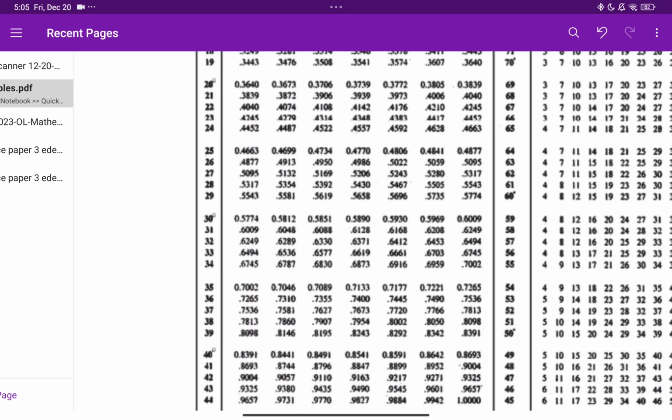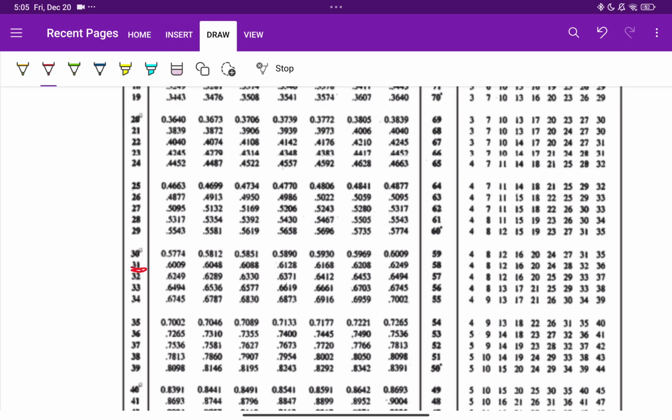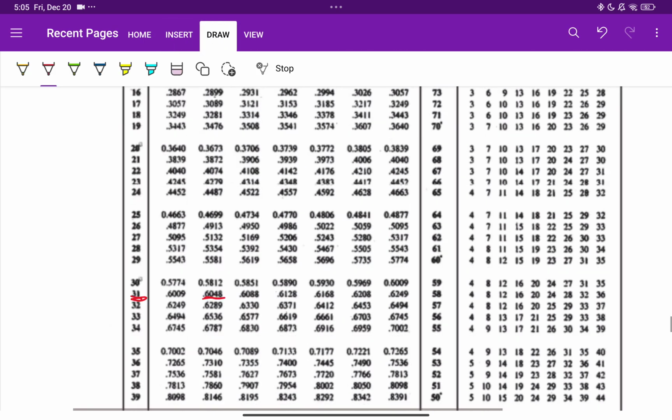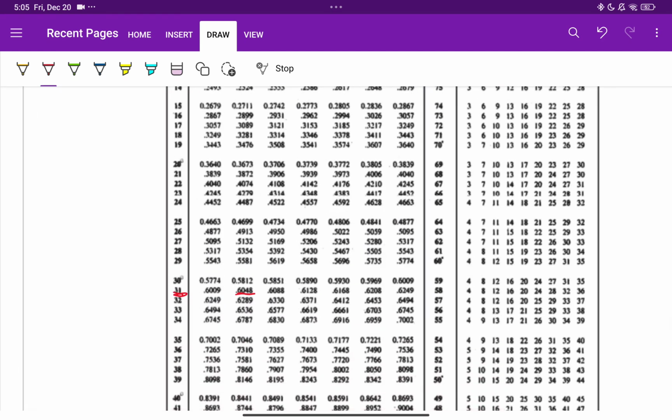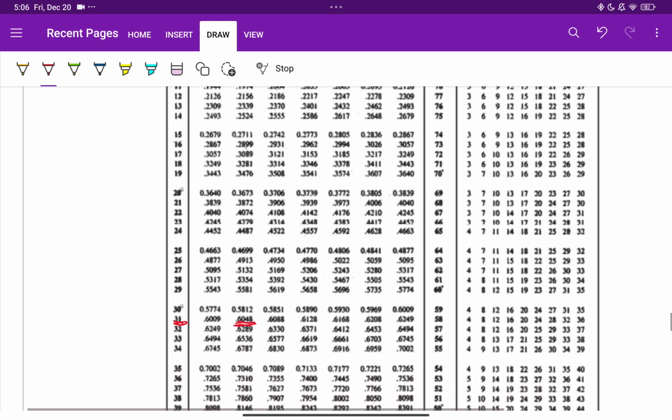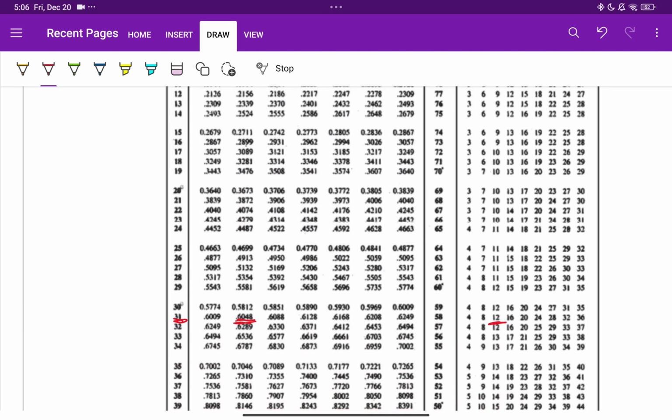So again back to the tan table. 31 degrees 13 minutes. So this is 31 degrees 10 minutes, and then I have to add 3 more. So here it's 12. 0.6048 plus 12, which is 0.6060, right?